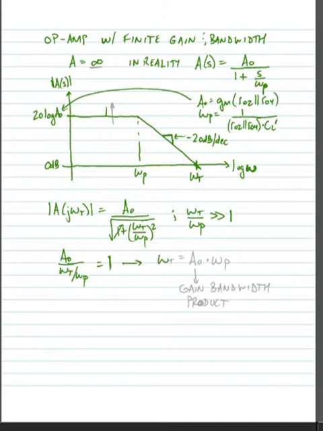And from here we would be able to say that omega t is equal to A sub 0, our DC gain, times our pole frequency. This is, in an amplifier, what's called the gain bandwidth product. On a specification sheet you might see gain bandwidth product.